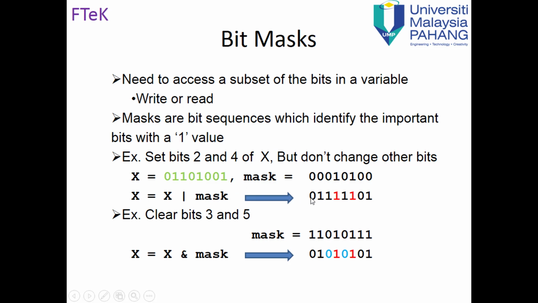After doing the masking, as you see, 1 or 0 is 1, 0 or 0 is 0. So now this 0 is ORed with this 1 and it will be set to 1. The same applies here. As you see, all the bits of x are the same except bit 2 and bit 4, which are changed to 1.